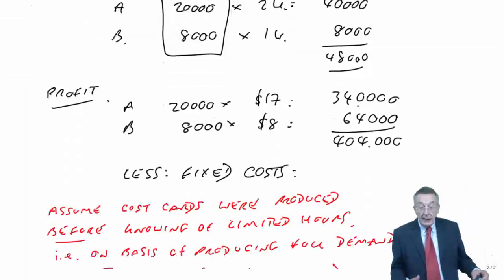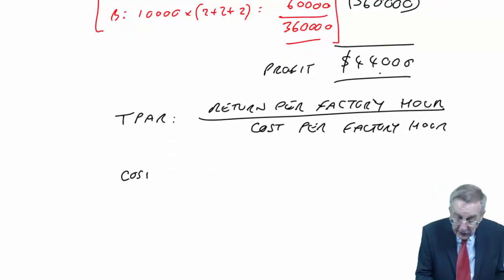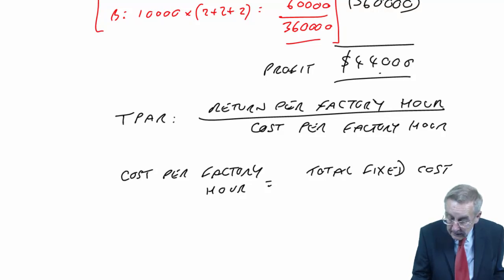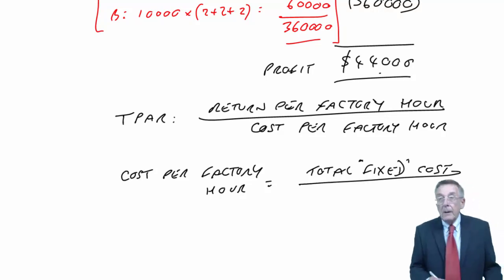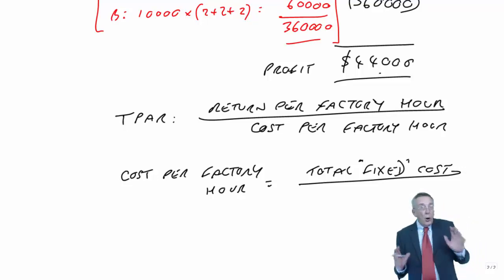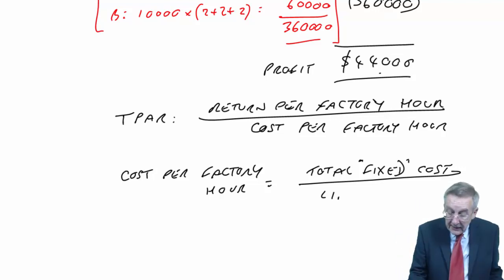However, before we can actually calculate these ratios, the cost per factory hour are the total factory costs, the total fixed costs, as I've been defining them. And I keep repeating, but remember, only materials we're treating as variable, all other costs are fixed, divided by these limited hours.